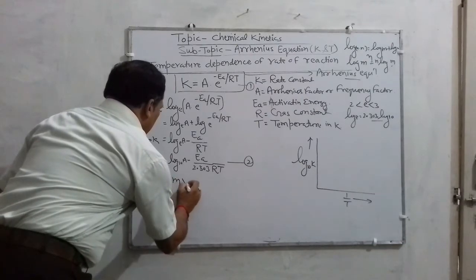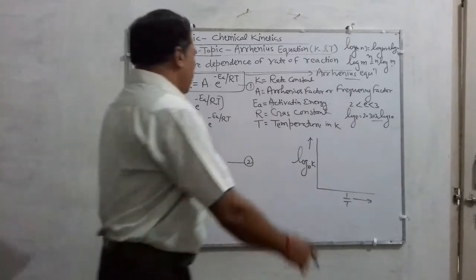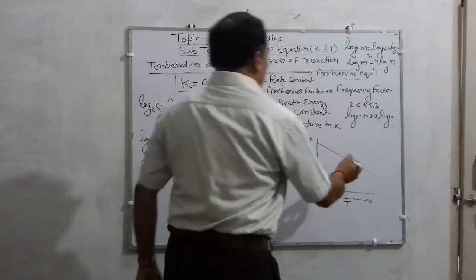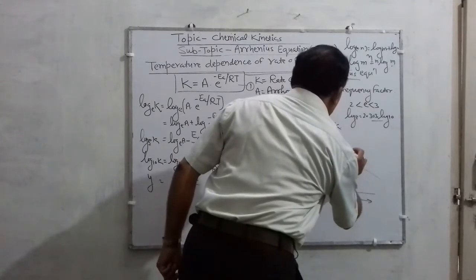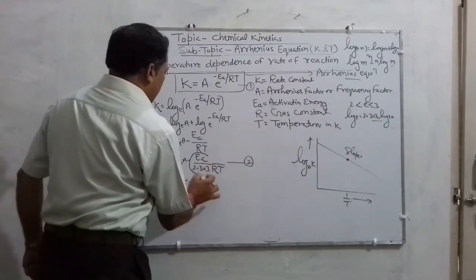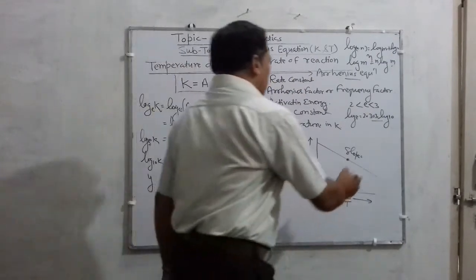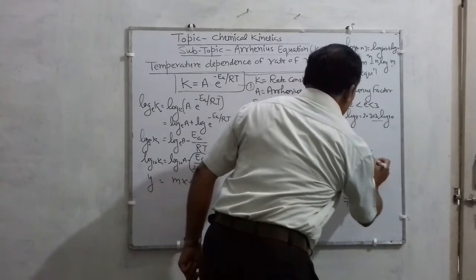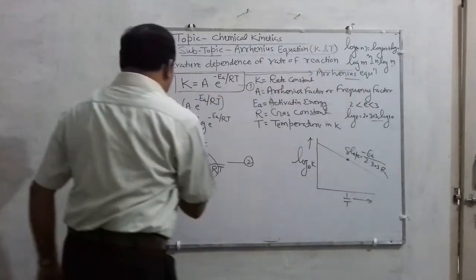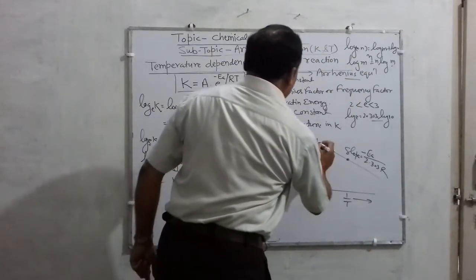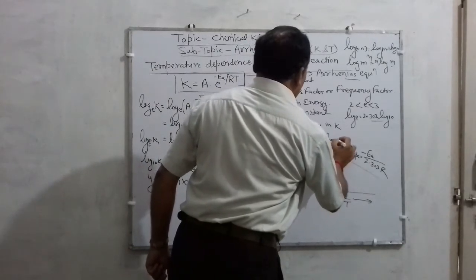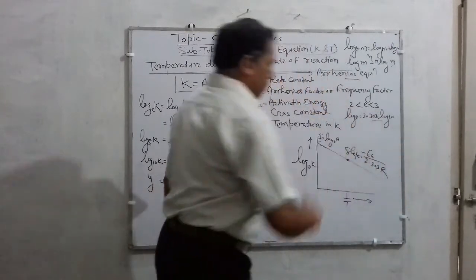This is a straight line that will come, and its slope will be this value, children, minus E_a upon 2.303 R, and the intercept will be log 10 A, and that is a straight line.